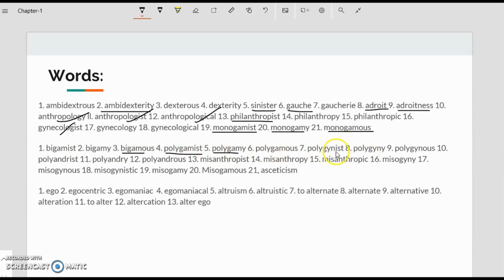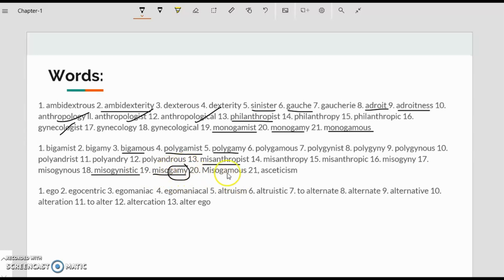Polygynist means a man who is having more than one wife. Polygyny. Polygynous. Polyandrous, a woman who is having more than one husband. Polyandry, polyandrous. Misanthropist means hate towards mankind. Misanthropic, misogyny, misogynous. Misogynistic means hate towards woman. Gynous means woman. Misogamy, misogamy means hatred towards marriage.